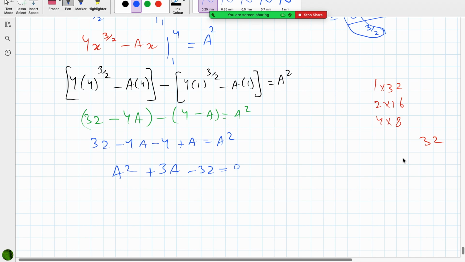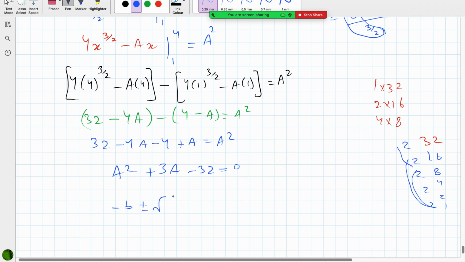What are the possible values? If not discrete, we'll use the quadratic formula. Eight and 4, no. 16 and 2, no. I'm using the quadratic formula.